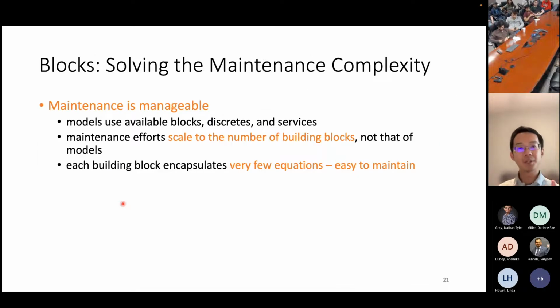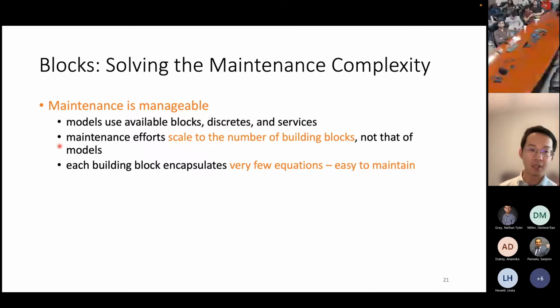So the introduction of blocks solves the maintainability complexity. So here we have much more maintainable complexity in the models. Here models use those available blocks, discontinuous blocks, and services, which can be utilized to implement any arbitrary computation.